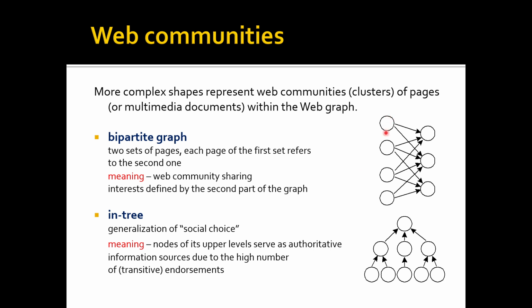One set we can maybe see as objects, and the other set we can maybe see as subjects. And let's say this could be a community. So there are many users or many individuals in a community that share many interests.